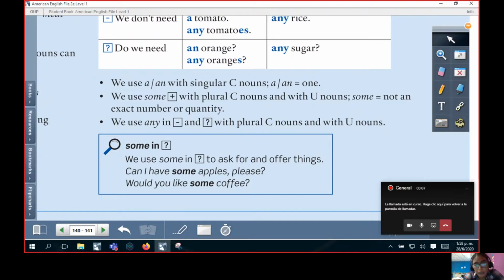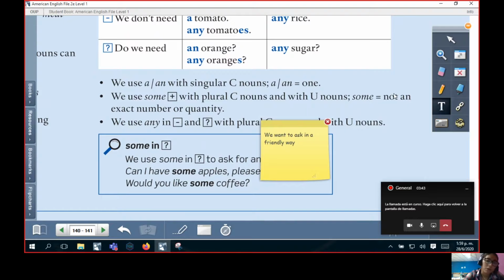We use any in the negative form and in questions with both countable and uncountable nouns, and we use some in questions to ask for and offer things. Some is a way that we can ask in a friendly way.